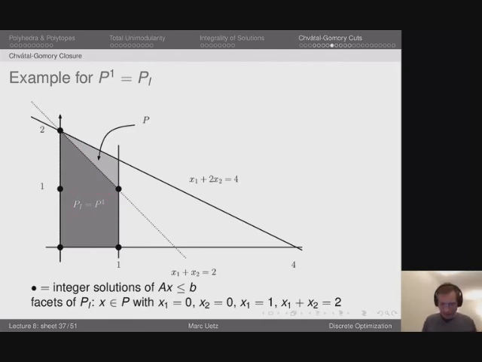So the whole set of facets of this convex hull of integer points would be these constraints: x1 equal to 0, x2 equal to 0, x1 equal to 1, and then the one that we derived by Schwartal-Gomory rounding, x1 plus x2 equal to 2.